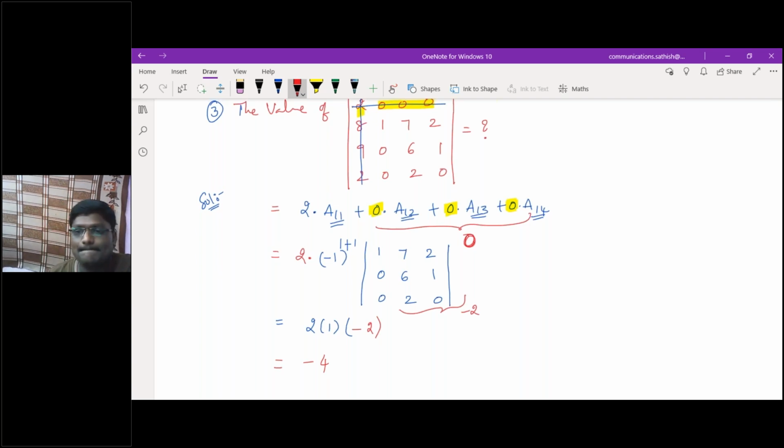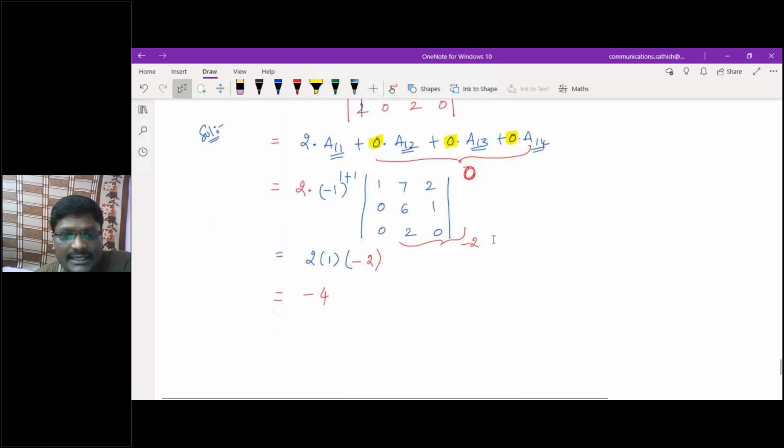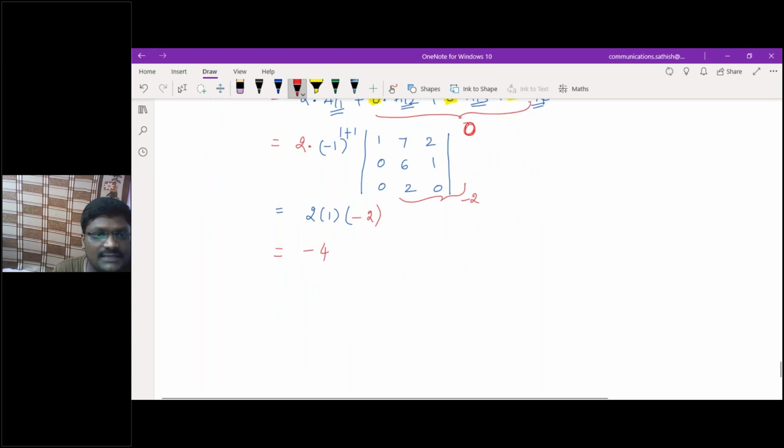Am I correct? Is it easy or not? Can you try one more problem based on this? Give me the answer for this problem.